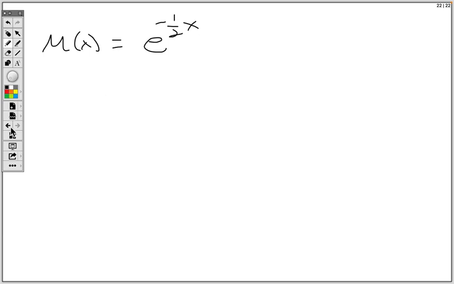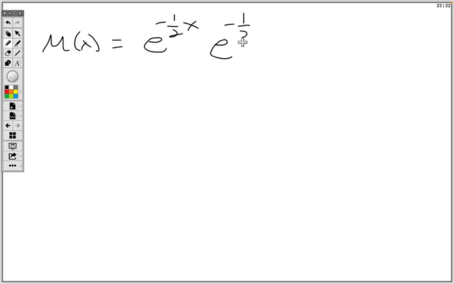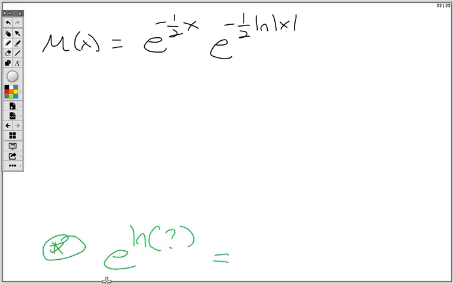So there's that. Now let's talk about how we can simplify this part, because you know from algebra that the exponential base e and the natural log are inverse functions, so they will undo each other, right? But in order to do that, we got to get rid of that 1/2. What's the legal way to get rid of this 1/2 in the exponent here? What can I do with that negative 1/2?